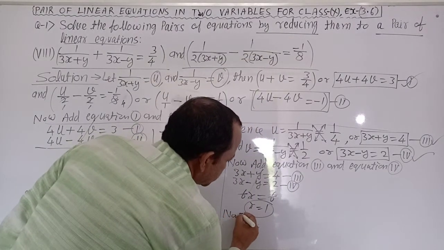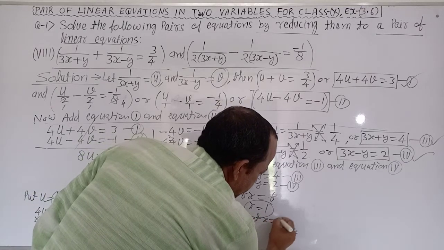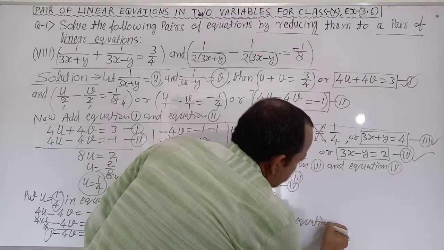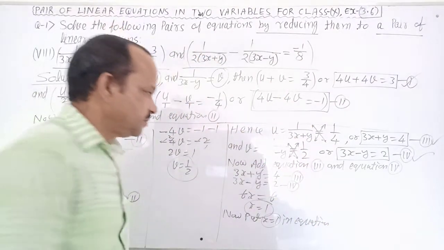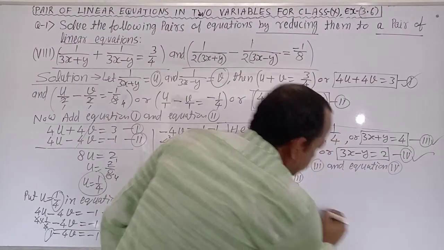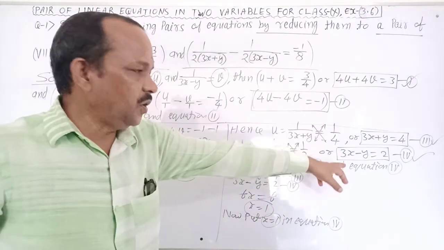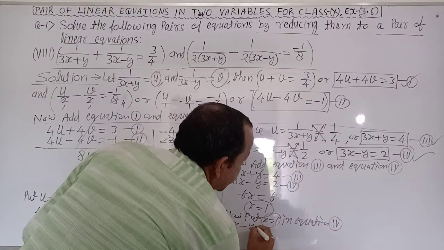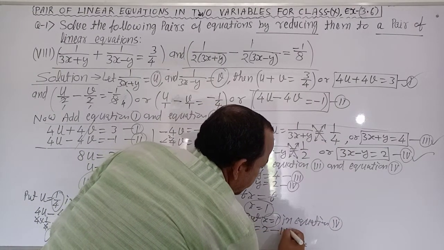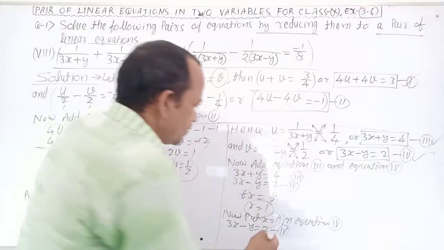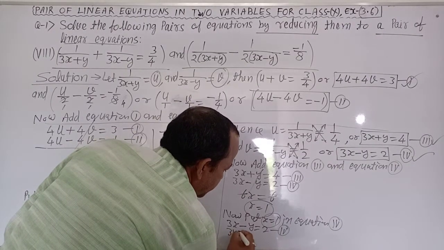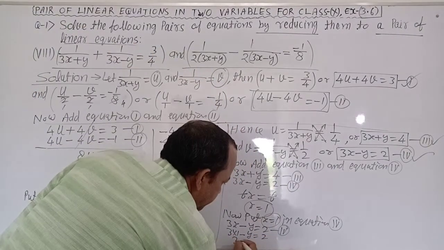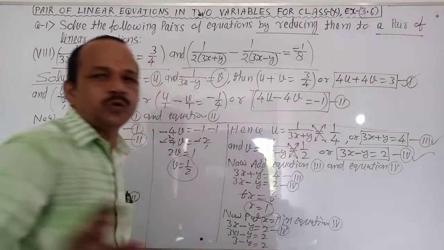Now put x equal to 1 in equation 4. Clear? Equation 4: 3x minus y equal to 2. 3 multiply 1 minus y equal to 2. 3 minus y equal to 2.